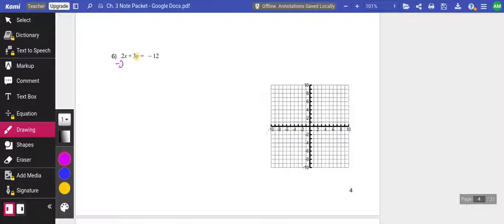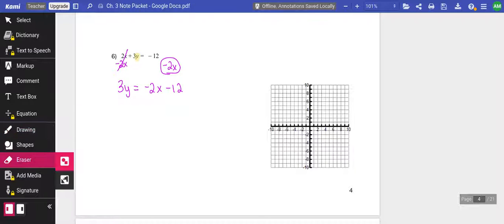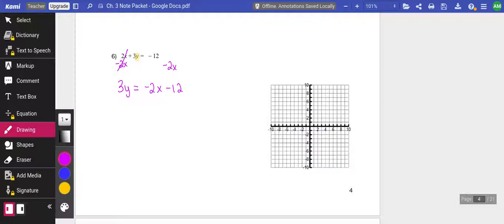So we're going to move the 2x to the other side of my equal sign. You get 3y is equal to, and I always like to write my x's first so that it's already in my nice form for me, because I want it to look like y equals mx plus b at the end.